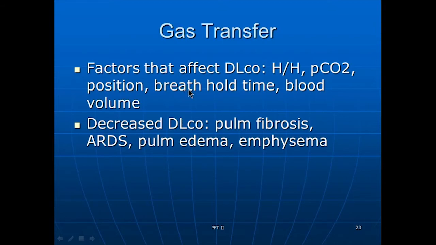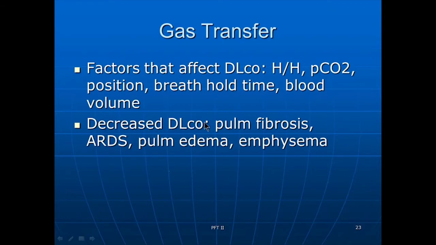Breath hold time: you need to have a 10-second breath hold. Anything less than that is going to affect your DLCO. Blood volume: if you have a decrease in blood volume, there's a decrease in your blood cells and hemoglobin, so a decrease in blood volume is going to decrease your DLCO.